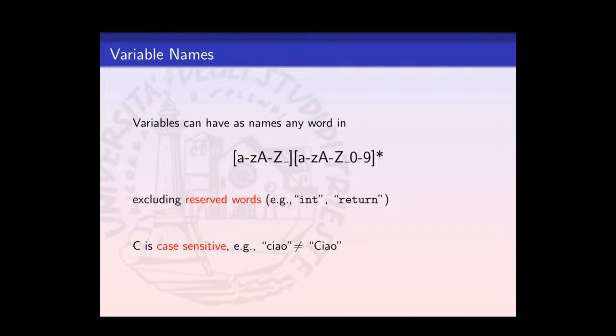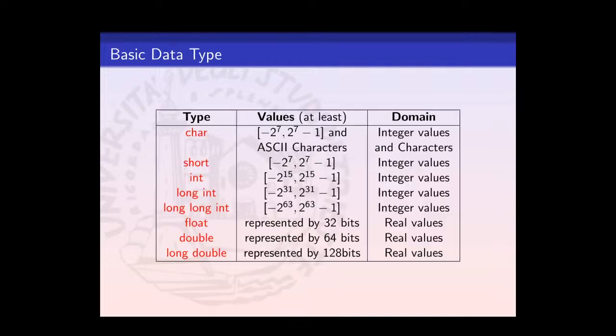So capital letters and standard letters are different for the C programming language. This is not true in some other imperative languages. Okay, so now we understood how a variable can be called.